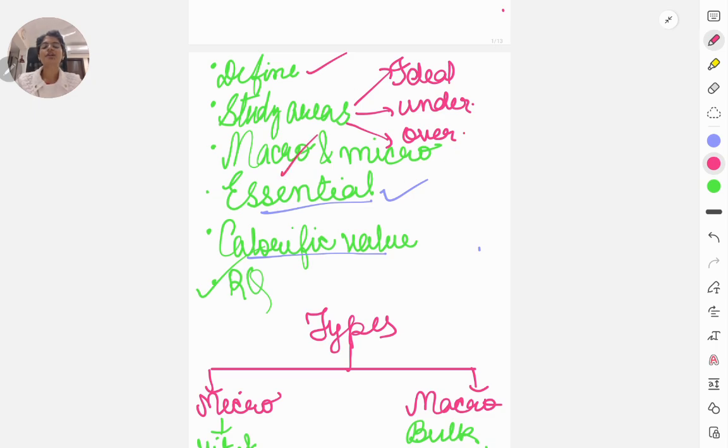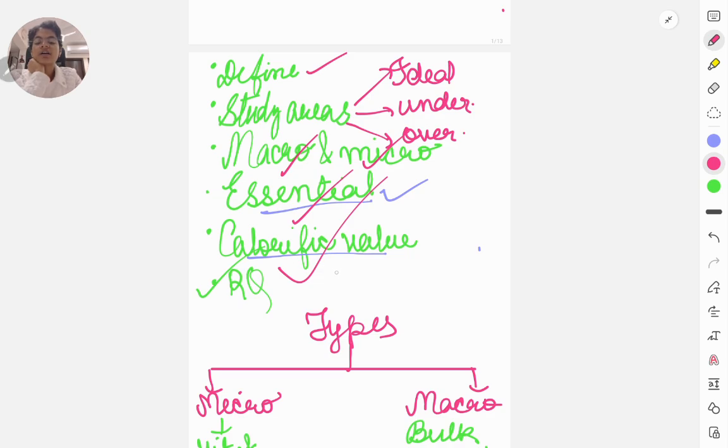Macro are the ones which are in bulk, that are protein, carbohydrates, fats. Micro are the ones in little amount, that is vitamins and minerals. Essential are the ones not formed by the body but supplemented by diet. Calorific value is the heat generated due to the combustion or oxidation of nutrients.